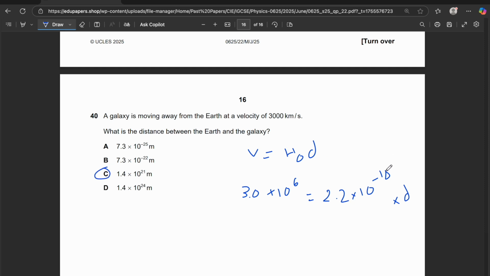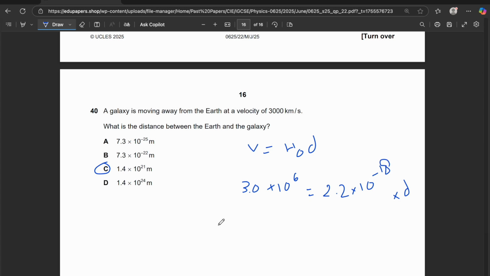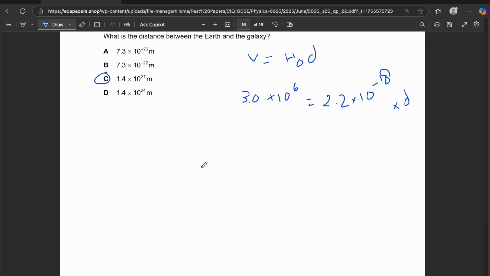If you can't remember the value of h0, you can actually calculate it. So we know that 1 by h0 is equal to the age of the universe. So if we know the age of the universe, which is approximately 13.8 billion years, we can get this in seconds.